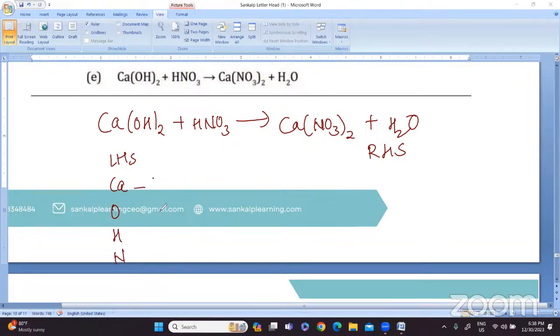So calcium is 1, oxygens are 2 and here 3, so it is 5. So oxygens are 5, hydrogens are 3, and nitrogen is 1. Here, calcium is 1, oxygens are 7, then hydrogens are 2 and nitrogen is 2.